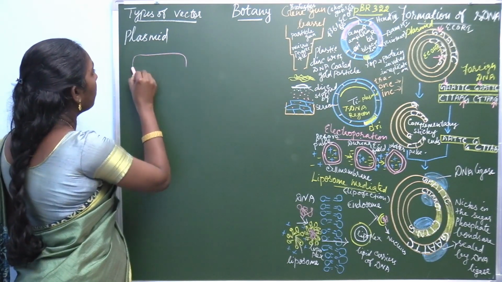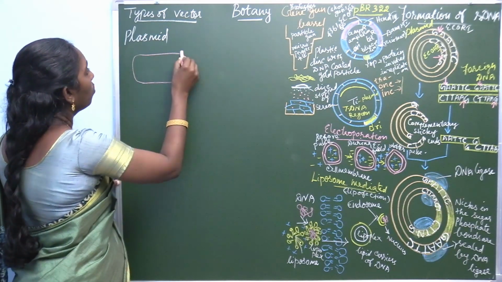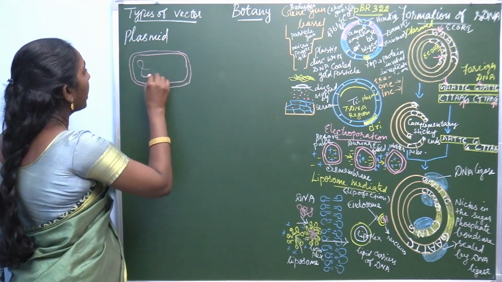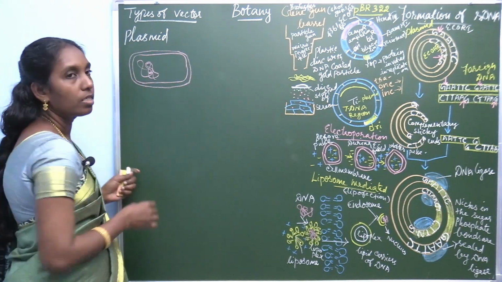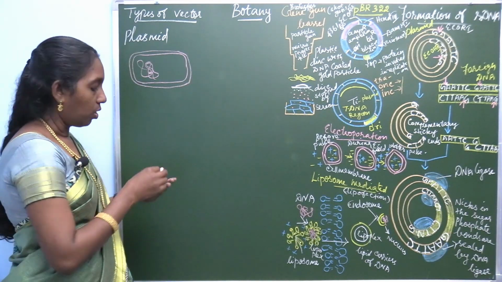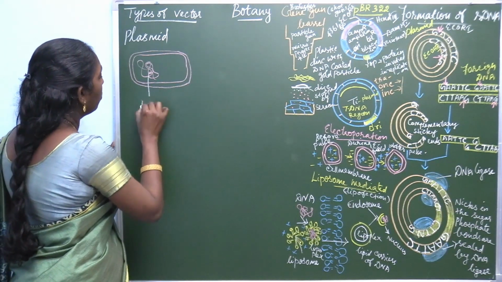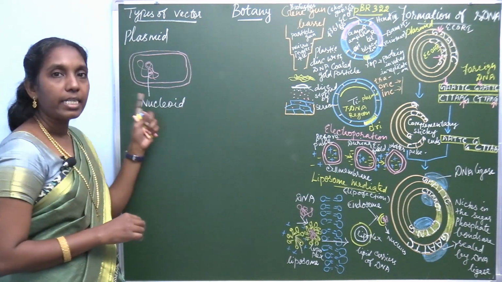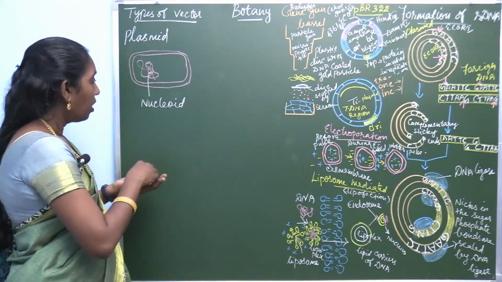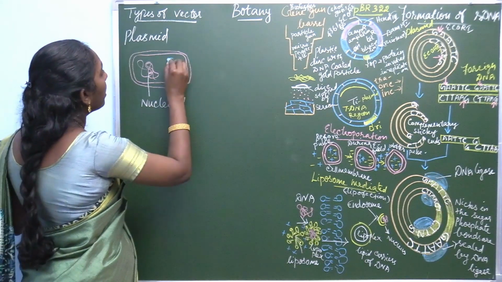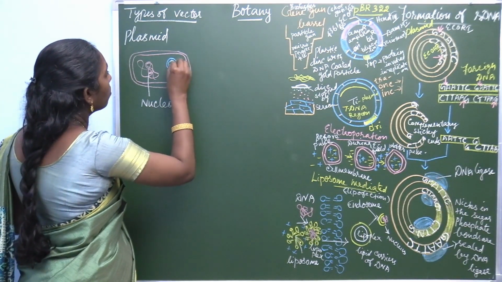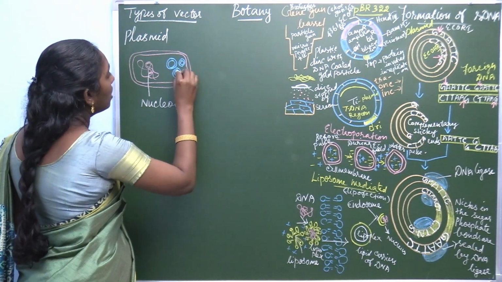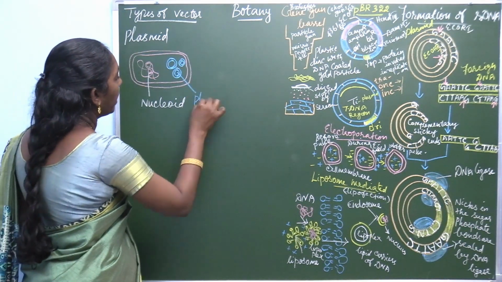If you take a bacterial cell, it consists of a bacterial chromosome, the nucleoid, and it also contains extra-chromosomal circular DNA. These are named plasmids.